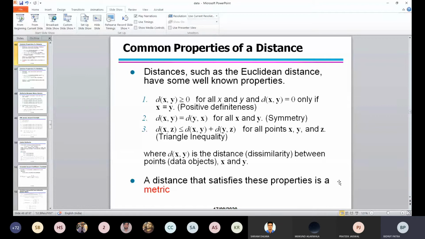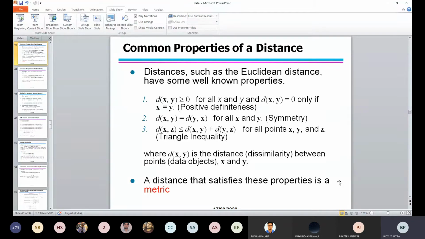For the Euclidean distance, the distance between x to y and the distance between y to x are both the same. And then the last one is the triangle inequality. As you know, the distance between x to z is less than or equal to the distance between x to y plus the distance between y to z.